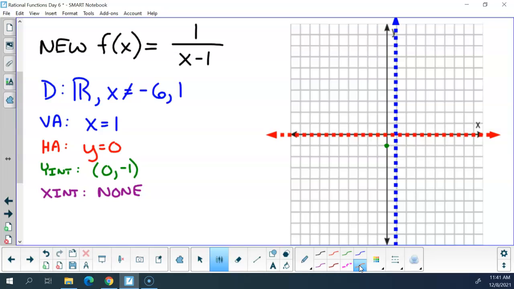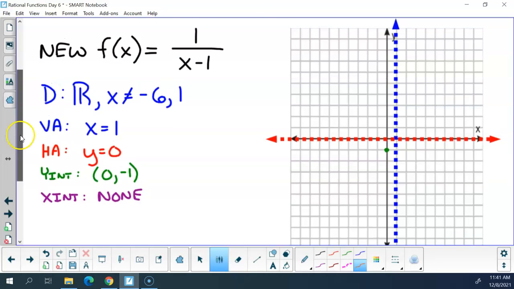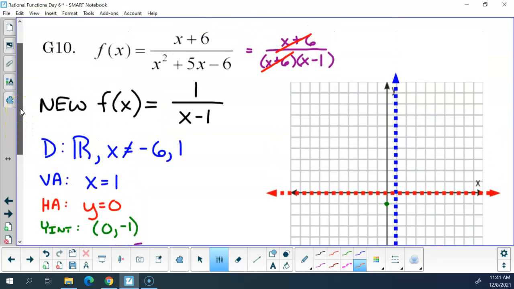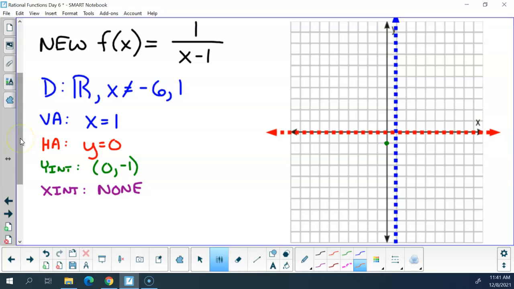Okay. So step 5 then, did we factor anything out? Yes, we factor out x plus 6, right? So that means I say x plus 6 equals 0, so x equals negative 6. Then I need to find f of negative 6. That's going to be 1 over negative 6 minus 1, which is 1 over negative 7.